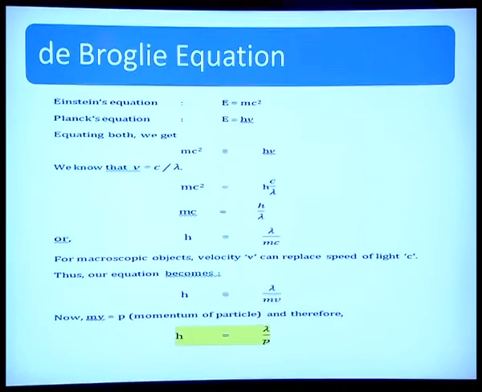In 1923, a young French physicist, Louis de Broglie, argued that if light can show wave as well as particle nature, so can matter. He combined both the concepts mathematically and derived the de Broglie relation.